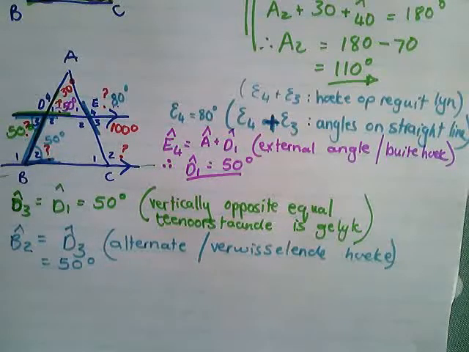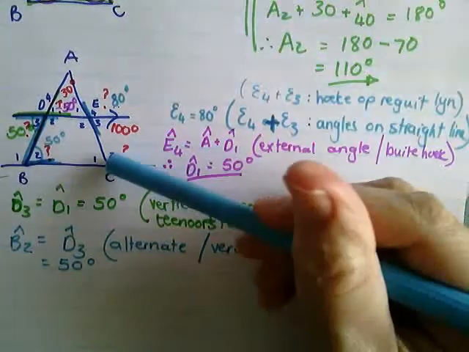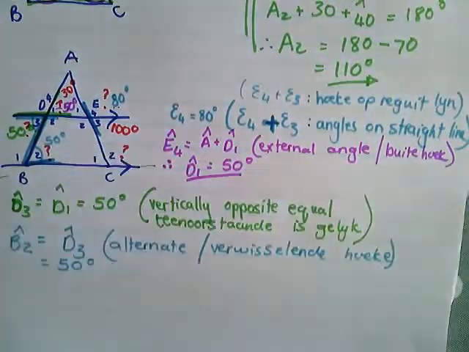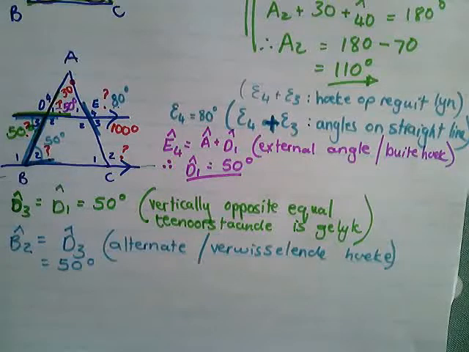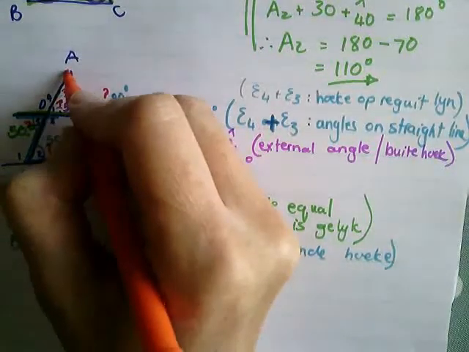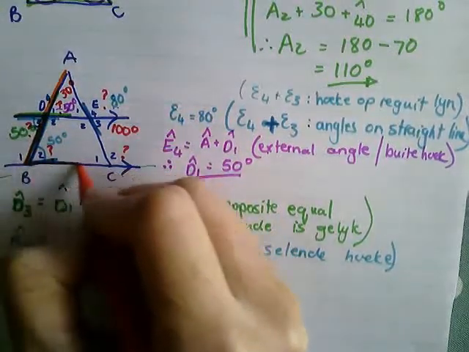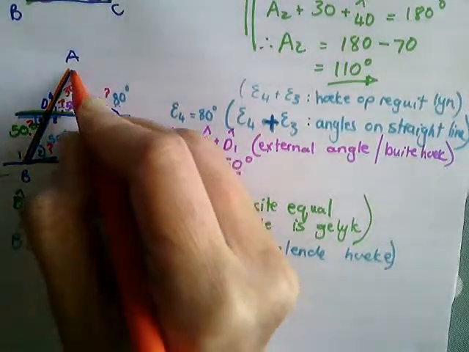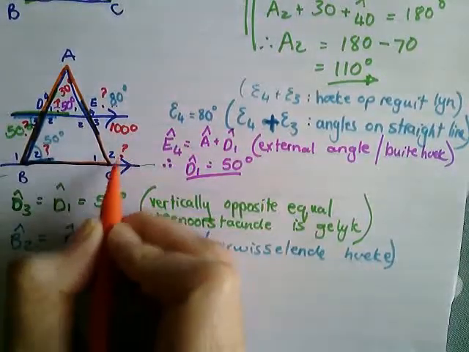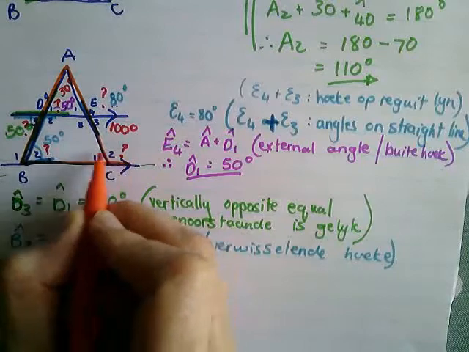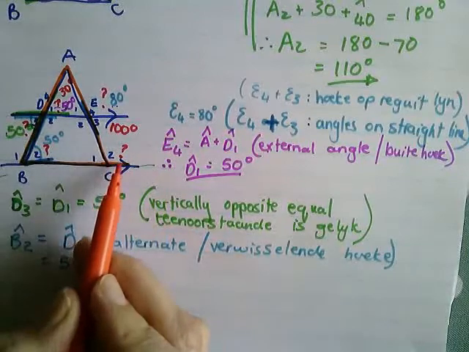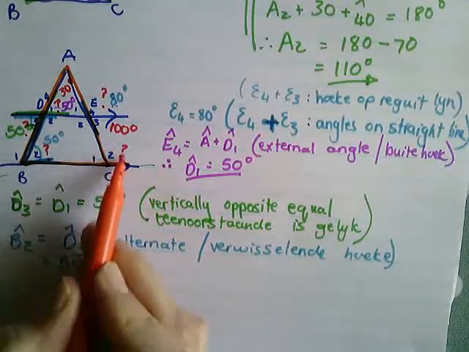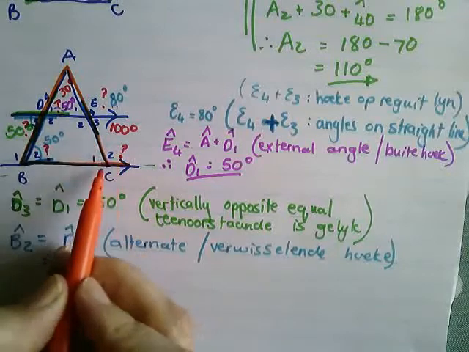Now we need this one, C2. Now, in order to determine C2, we need to look at the whole triangle, the big triangle ABC. So in the big triangle ABC, C2 is the external angle. C2 is die externe hoek van driehoek ABC.